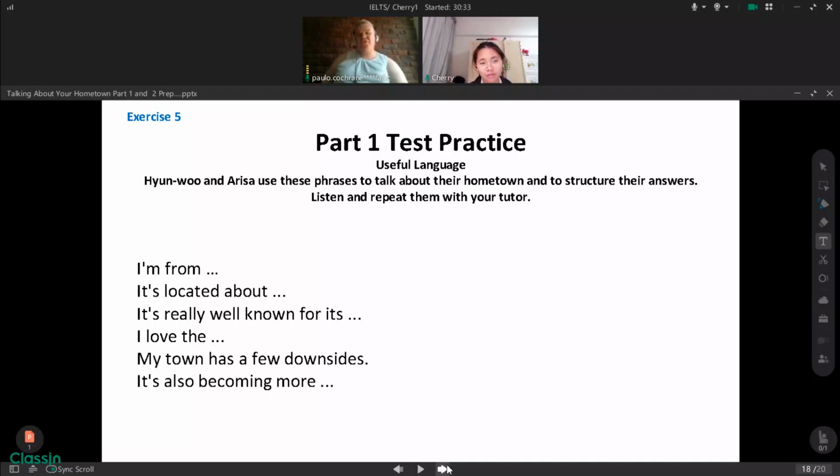So, Cherry, I want you to read the vocabulary from their conversation. All right. So we want to use the useful language. Can you read it for us? I'm from, is located about, it's really well known for, I love the, my hometown has a few downsides, it's also becoming more.